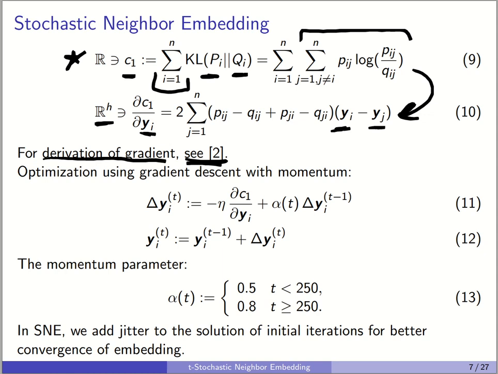What is gradient descent? Gradient descent says that I find the gradient, and in the opposite direction of the gradient, I move, and gradually, iteratively, I move towards the minimum of the cost function. So this is what we have in gradient descent. But here we are also using a momentum term.